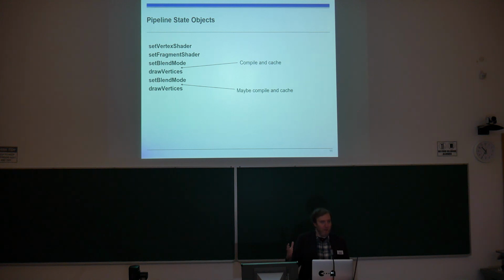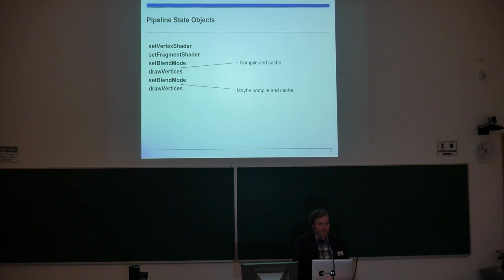Because the driver tries to collect all the data, because if it doesn't, and it compiles beforehand, and then you change the blend mode later, it maybe compiled something that's actually never used. So it usually, depending on how the hardware works, compiles earlier because it knows it doesn't really need it on that hardware for the shaders, or it compiles very late.